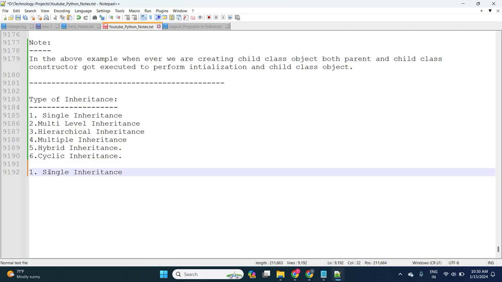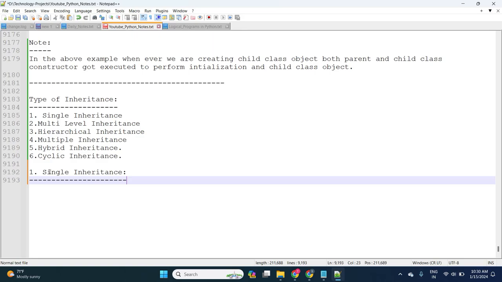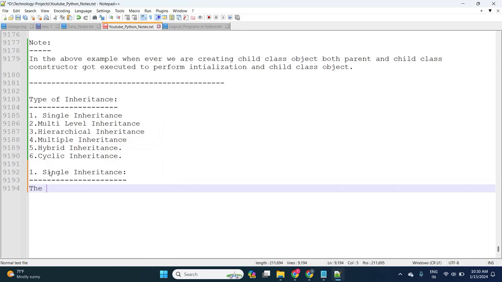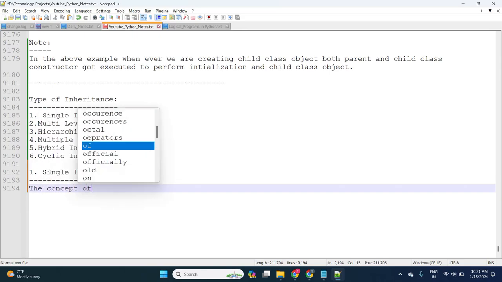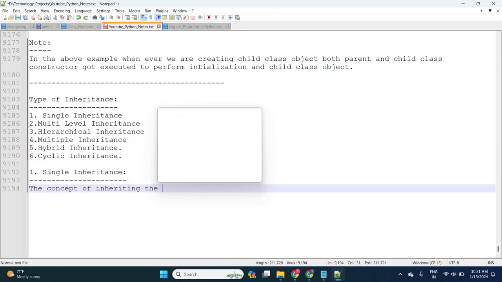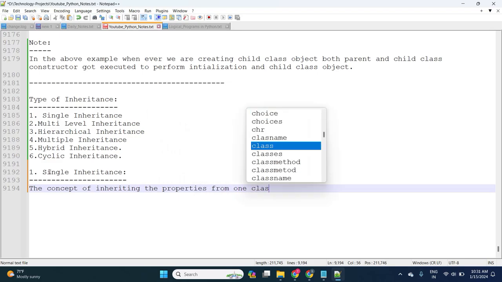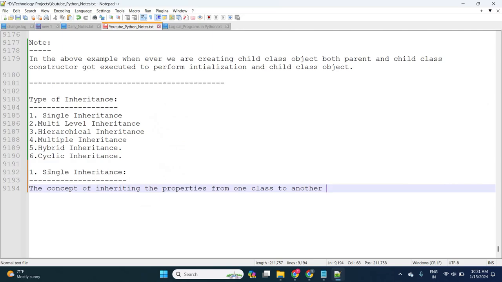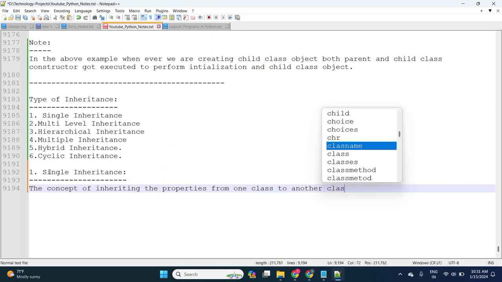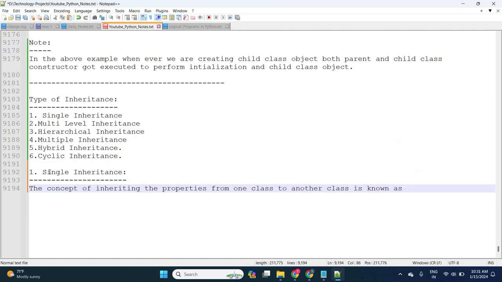The first one is single inheritance. So what is single inheritance?